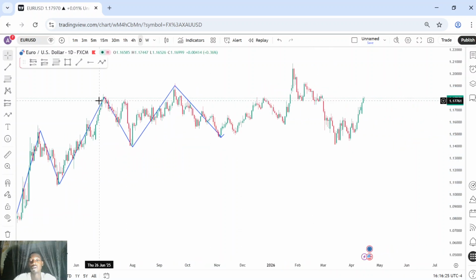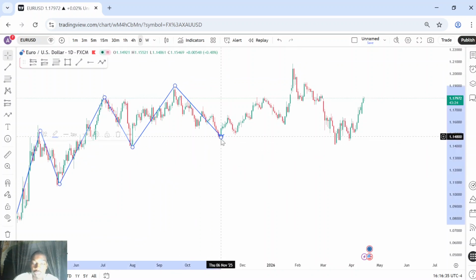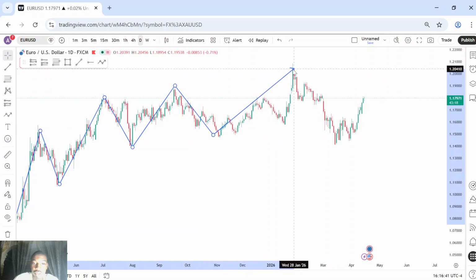At this point, after this higher high, higher low, it also gave us another higher high.